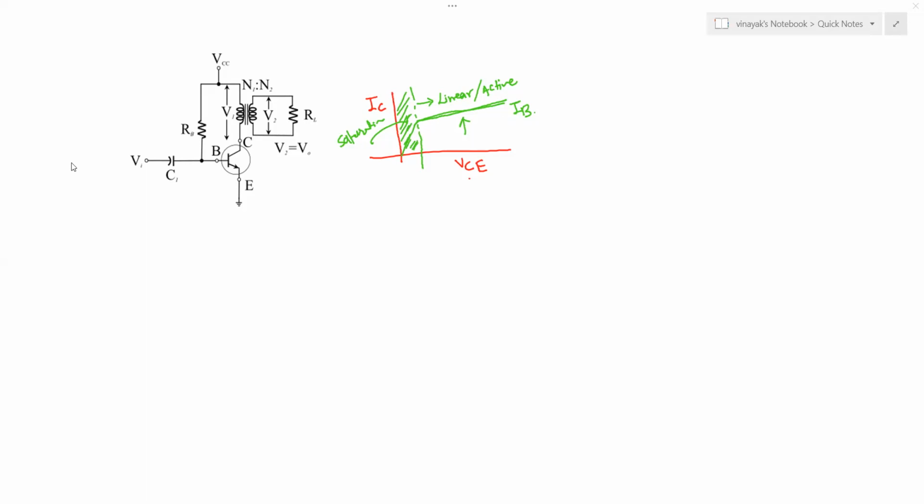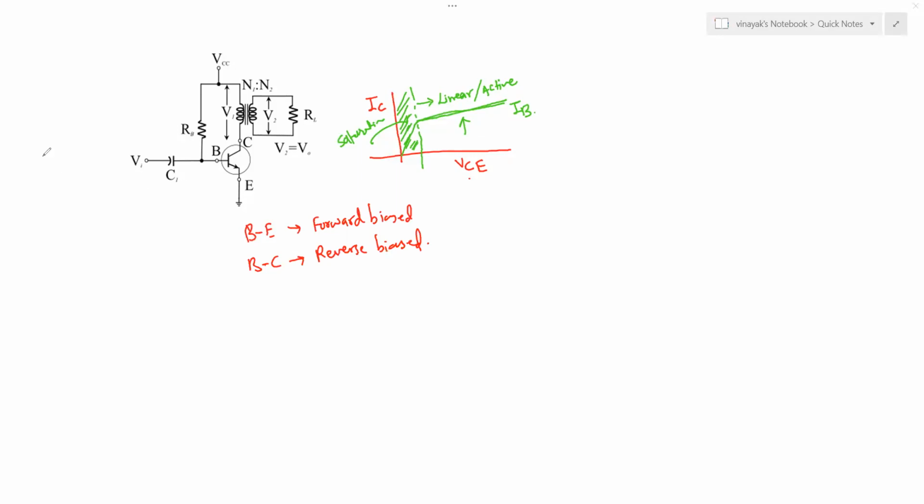Therefore, we provide the biasing in such a way that the base-emitter junction of the transistor, that is the base to emitter junction, is forward biased, and the base to collector junction of the transistor is reverse biased. Now, how to ensure that?